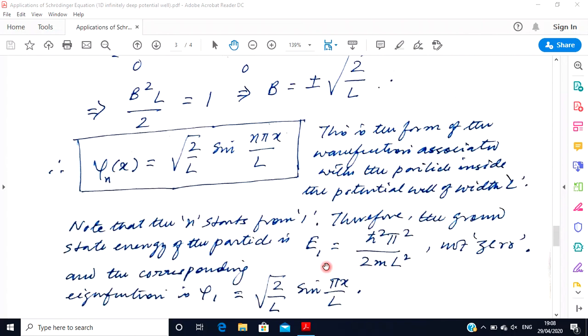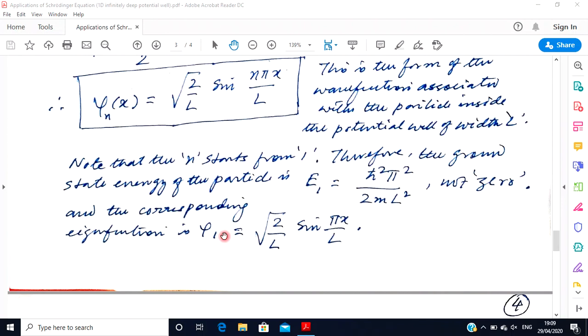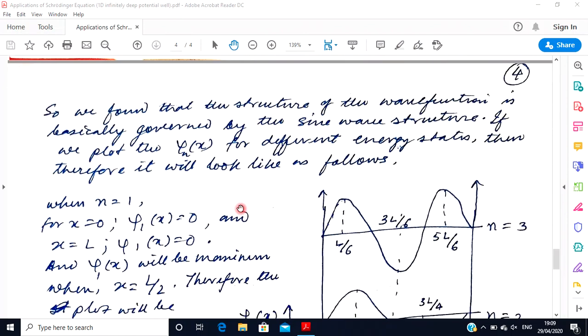That is E1 equals h cross square pi square by 2mL square, and this is the ground state energy. When we look at the first excited state, we have to put n equals 2. So that will give you 4 h cross square pi square by 2mL square, etc. And the corresponding eigenfunction is psi 1, which gives root 2 by L sine pi x by L.